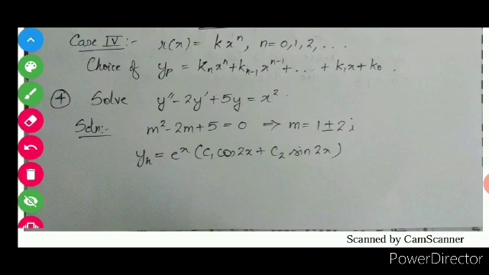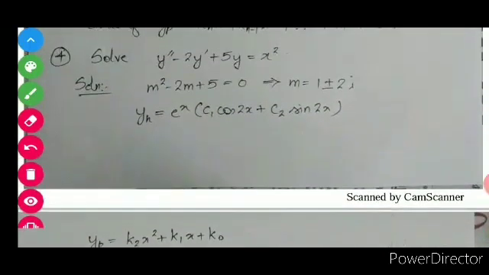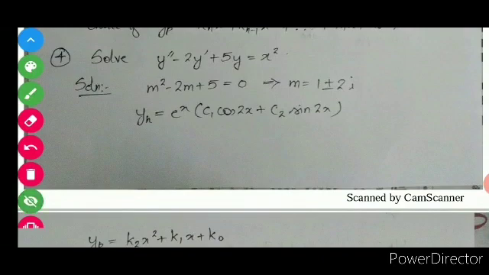Now in this given question, your given differential equation is y double dash minus 2y dash plus 5y equal to x square. So as usual, we will solve the corresponding homogeneous part. We will take the right hand side to be equal to 0. Your characteristic equation or auxiliary equation comes out to be m square minus 2m plus 5 equal to 0.